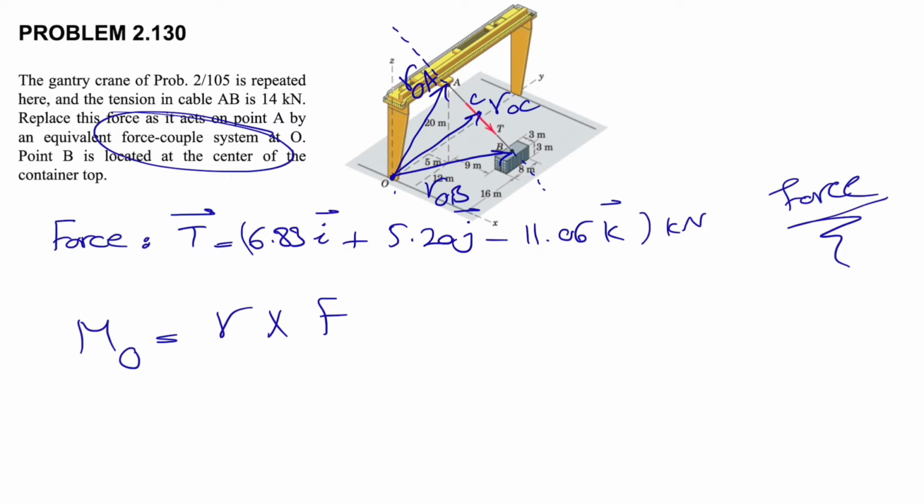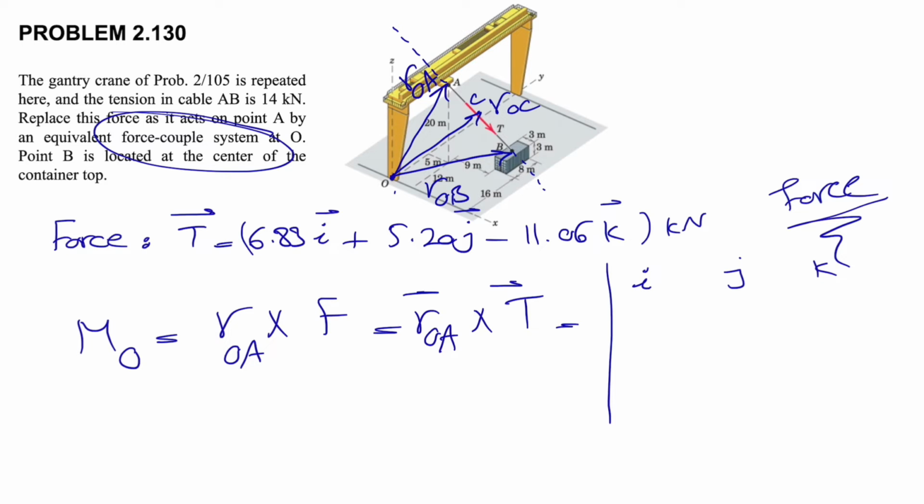So any single point in the line of action of the force, which is the tension in the cable, can be our position vector. But the easiest one is going with A or B. Let's go with A. And then in that case, we need to find the coordinates of point A, and the rest is simple enough.